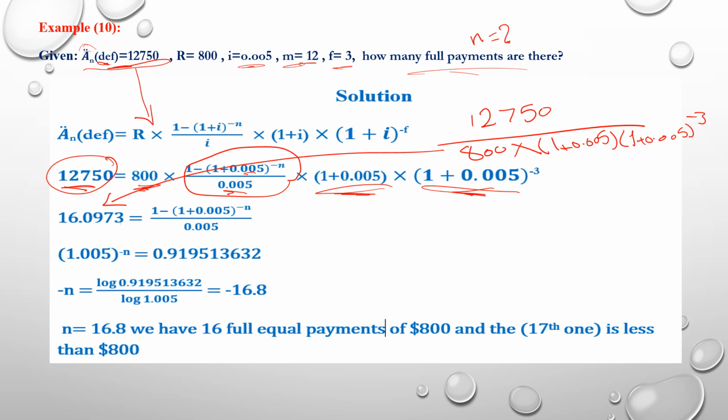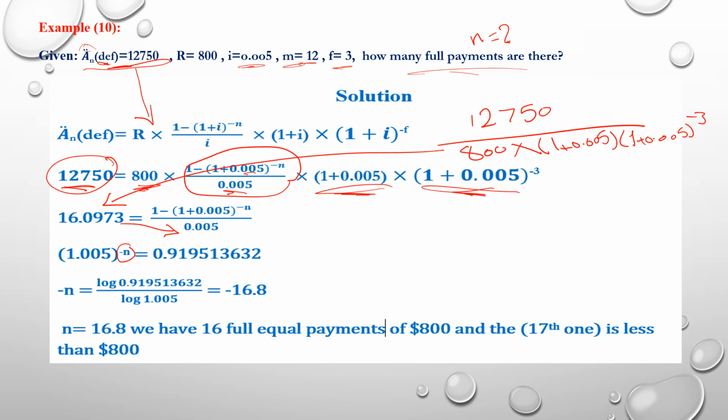Again, you can multiply these quantities by each other, and then 1 minus the answer. So the rest you'll have is 1.005 to the power of minus n. We need to know the value of n. So we will take the logarithm of both sides.